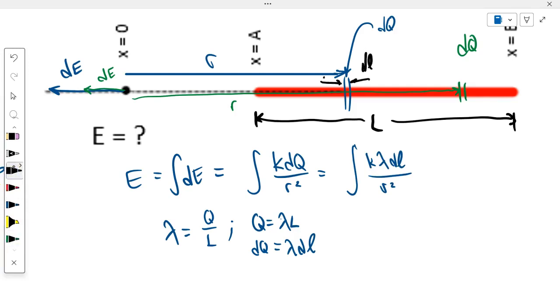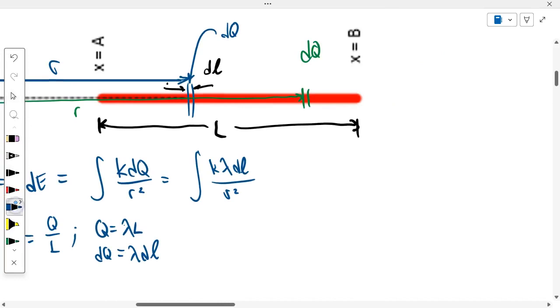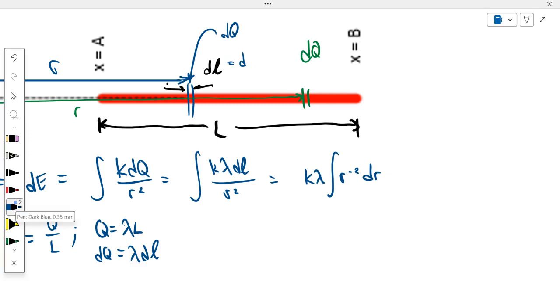We can call that a dr. I'm going to pull constants out of this integral, k lambda, and write this as r to the negative 2 dr. This dl is a distance along our vector direction, and our values of r range from A to B.